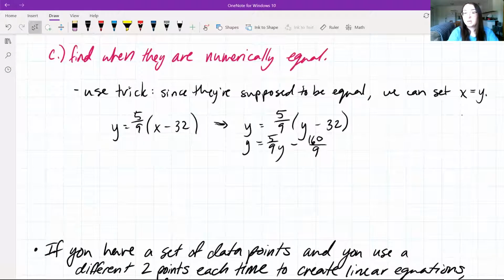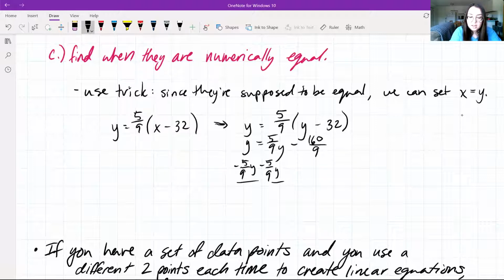We're going to just keep it in fractions for our simplification. And now we want to subtract 5/9 y from both sides. Our y is technically 9 over 9, since it's just one y.